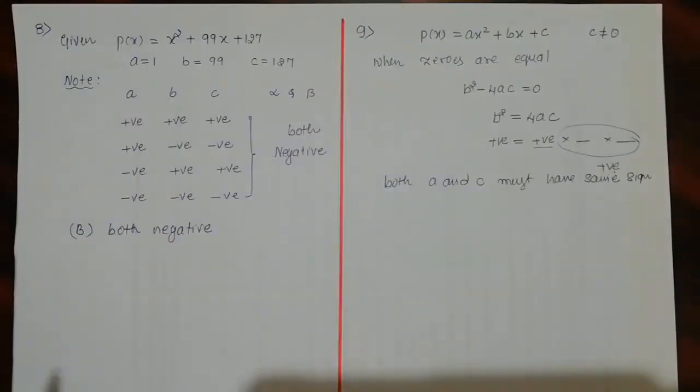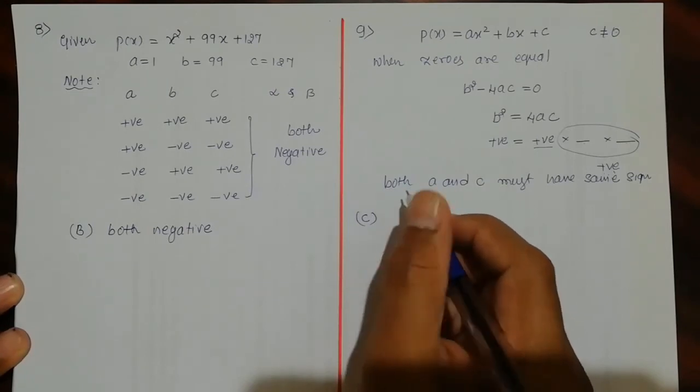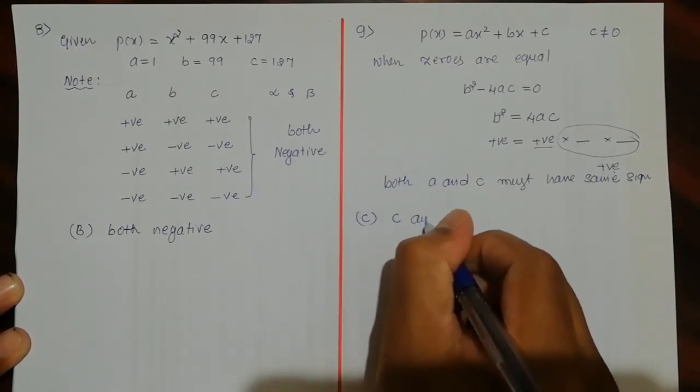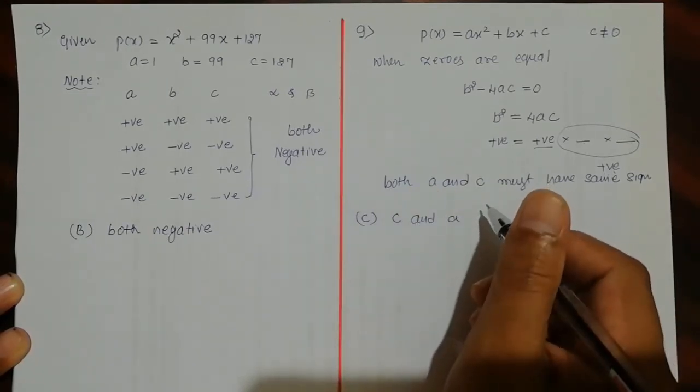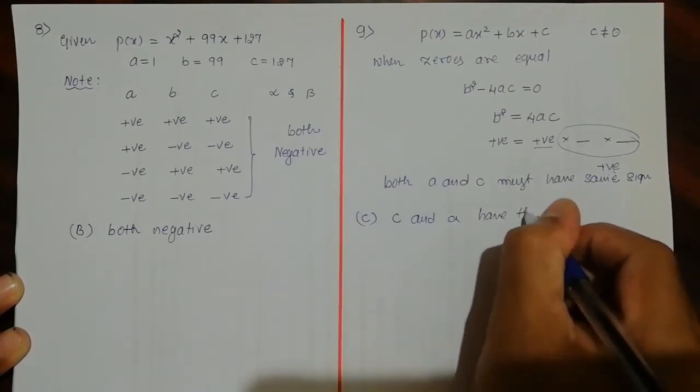So option C is the right answer. Option C is that A and C have the same sign.